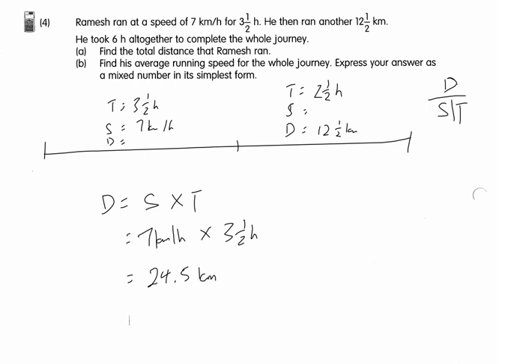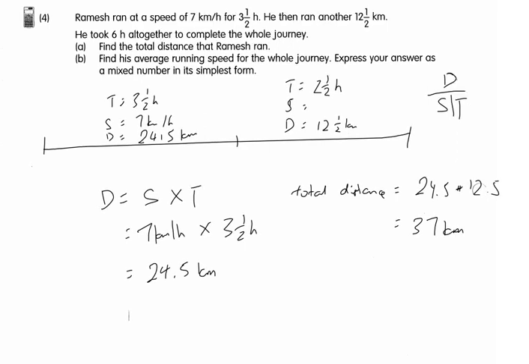Yes, Dinesh? 3.5 hours is the same. So we know that the first part of the journey is 24.5 km. Total distance is 24.5 plus 12.5, which gives me 37 km.